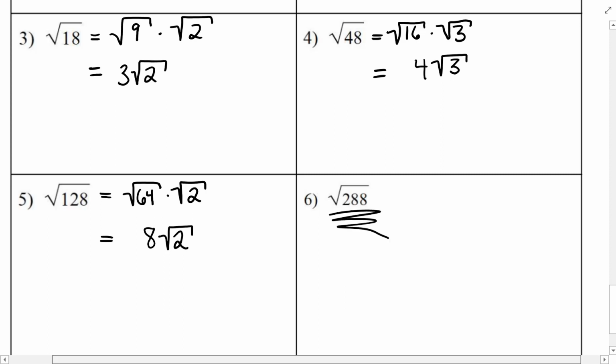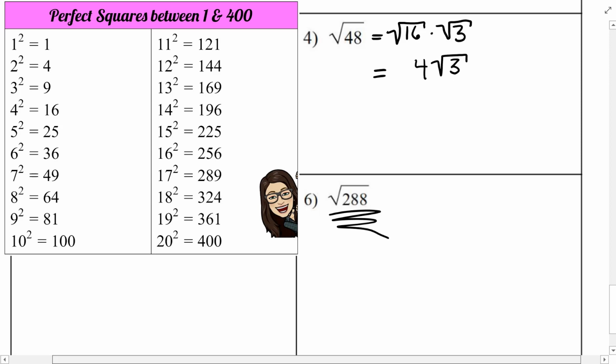288. Look at your list of perfect squares and see where 288 would lie. Now you're going to start with the closest perfect square and start dividing using a calculator. Try it out. What is the largest perfect square that goes into 288?